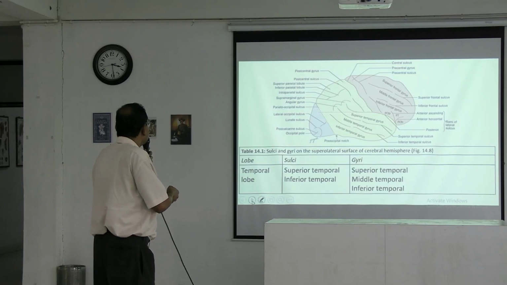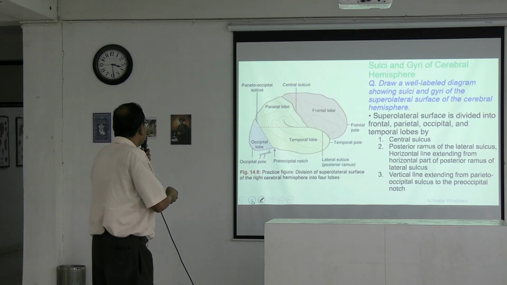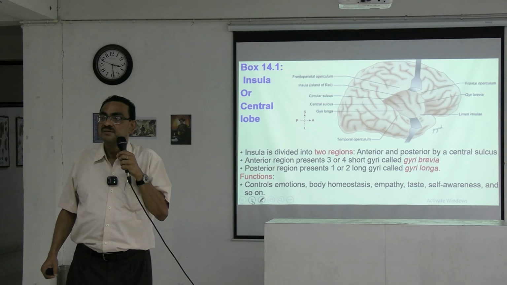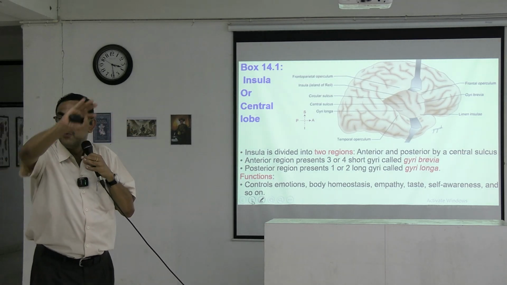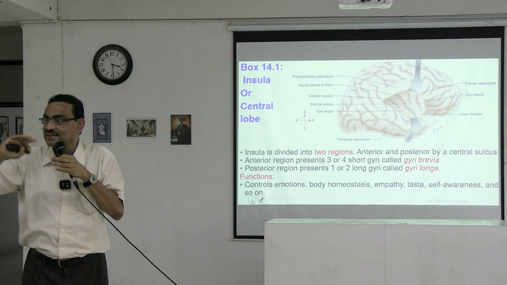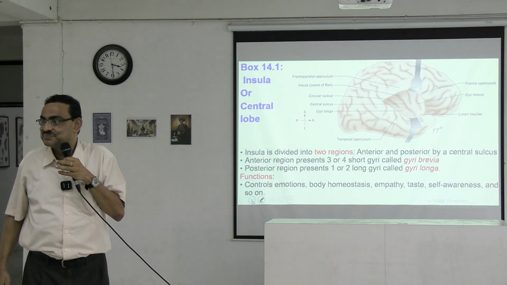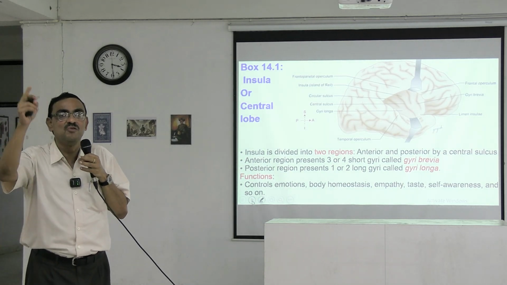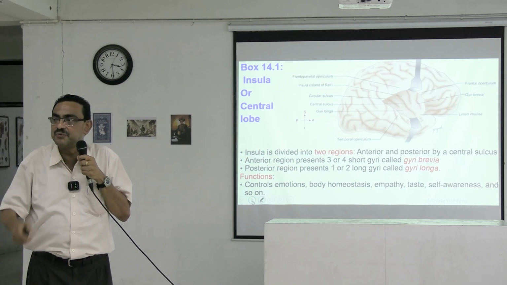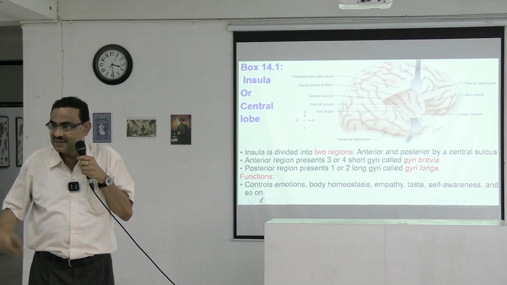Before concluding, I want to show you this one. We have retracted, as if we have retracted the lateral sulcus. There is another lobe. How many lobes are there? Frontal lobe, parietal, occipital, temporal. No. And limbic lobe.